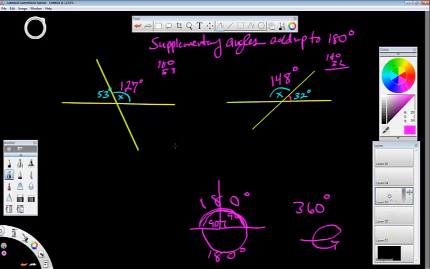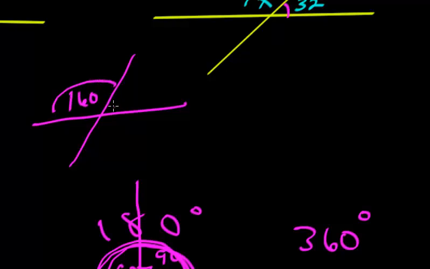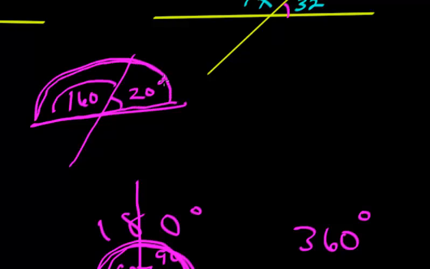If we do one more just for the heck of it, like this, and let's say I'm given an angle of 160 here, how big is that one going to be? Just blurt it out. Of course it's 20 degrees. Why? Because it's 180 degrees on a straight line like this. All right, I think my point is clear. Have a good one.